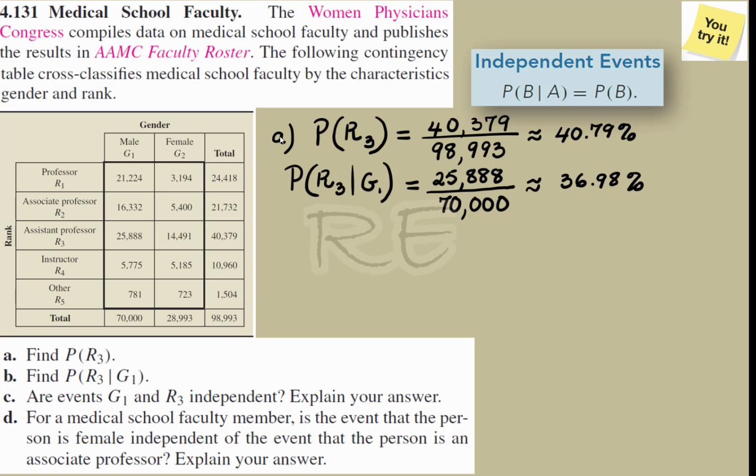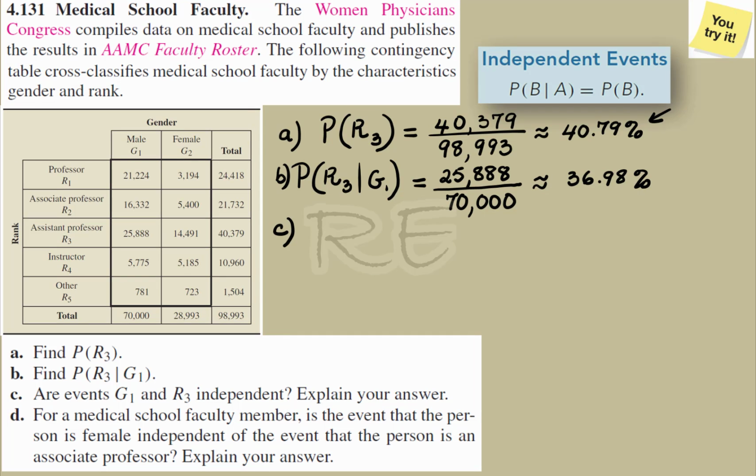Approximately 36.98%. These two events, G1 and R3, are not independent because P of R3 given G1 is not equal to P of R3.